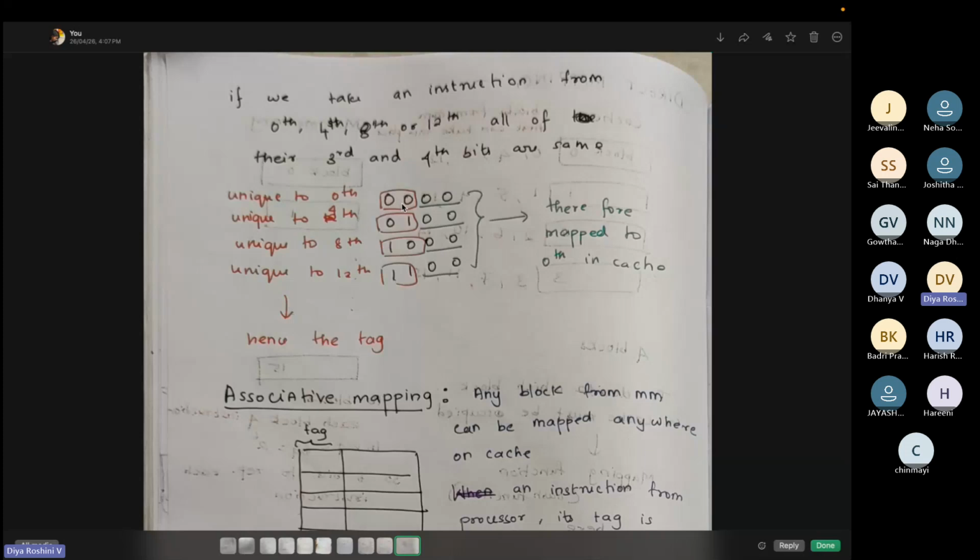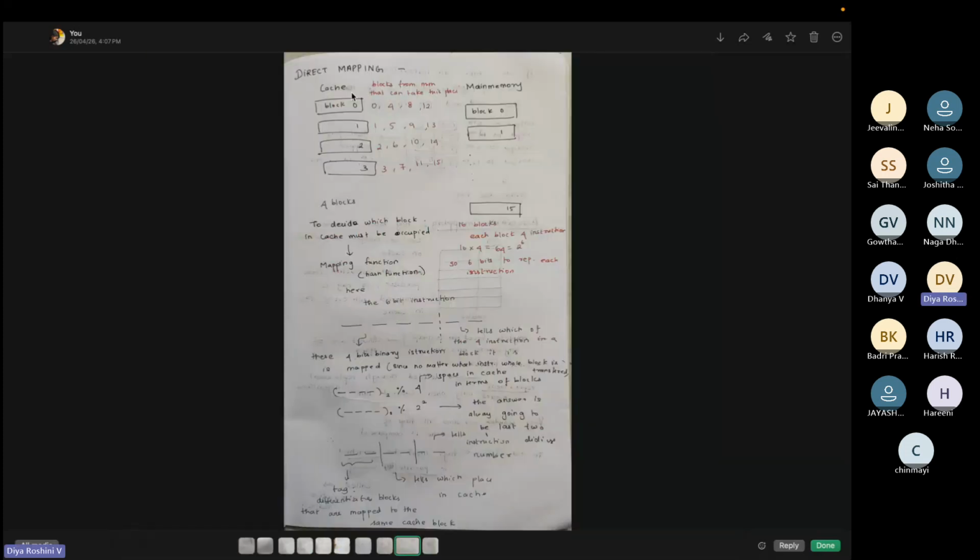Now basically, if I get 1000 from the processor, the last 2 bits are 0 0. So I am obviously going to search in the 0th place of the cache. I'll go to the 0th block.